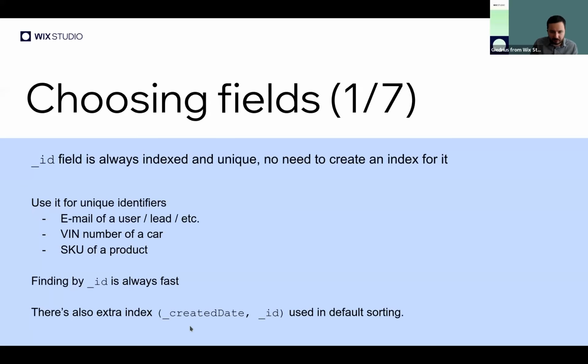If some items share a created date, ties are broken by sorting by ID within that scope. This is to make sorting faster. So if you also filter by created date, say, give me the newest items, or give me something created after this date, these operations are also going to be fast because you have this implicit index already from the system.